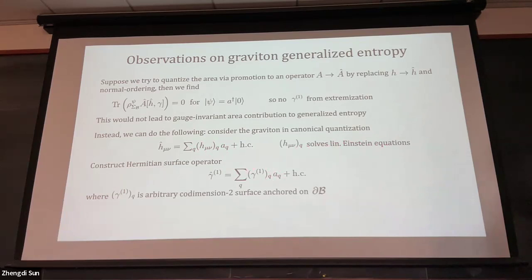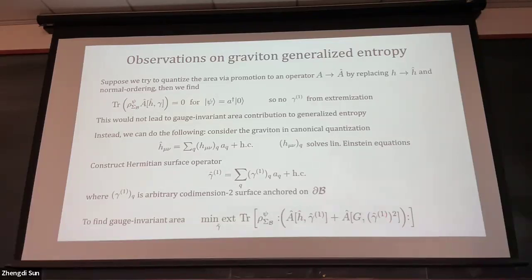And here gamma is just some arbitrary codimension 2 surface that's anchored on the boundary of my boundary subregion B. And then I extremize this object. So it's the graviton and the surface operator. And then similarly here you have the surface operator squared, and you normal order everything. That's what these dots mean. And you extremize that thing. That will be gauge invariant.